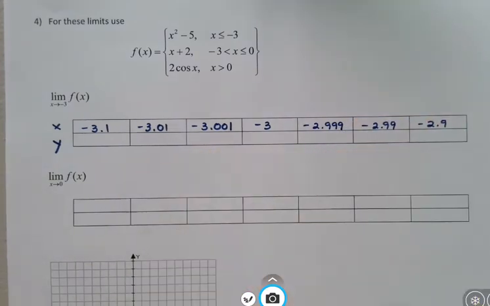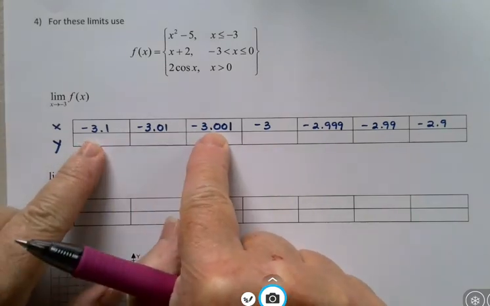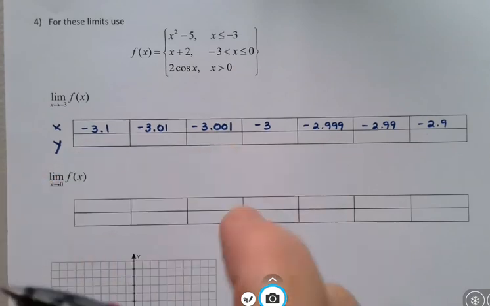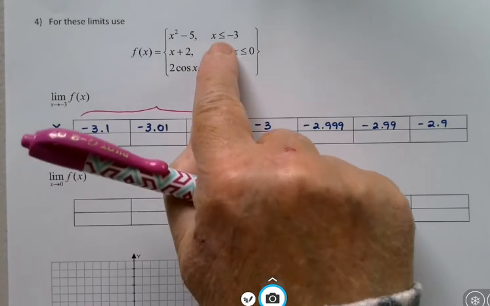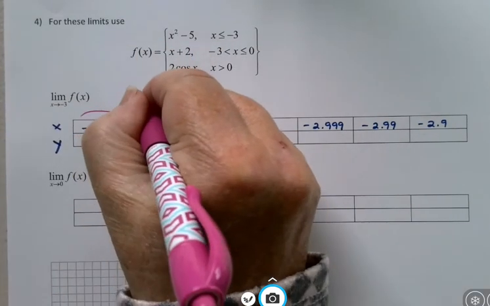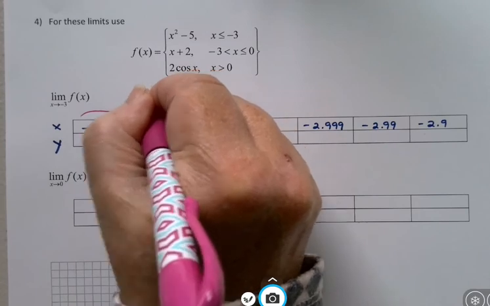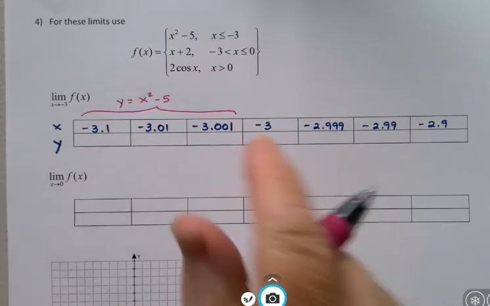Now, I'm going to be a little bit careful here. On the left-hand side, all of these x values are certainly less than -3. So when I plug these in, being less than -3, I'm going to use the piece of the function x squared minus 5 to generate these y values.